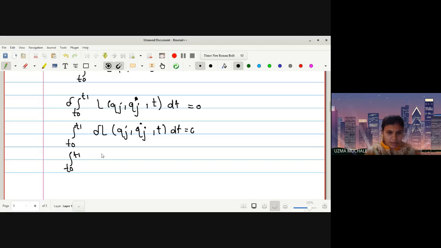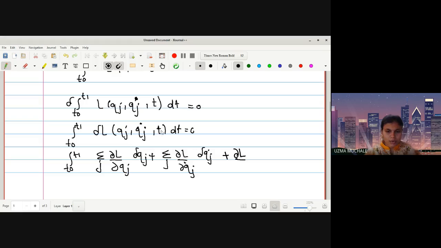You don't remember this? Let me write down the summation over j, because this is not only for a single variable, it is not for q1 or q2. We are running it for every variable. So let me write down summation over j of ∂L/∂Qj into δQj, plus the next term, summation over j of ∂L/∂Qj dot into δQj dot, plus ∂L/∂T.